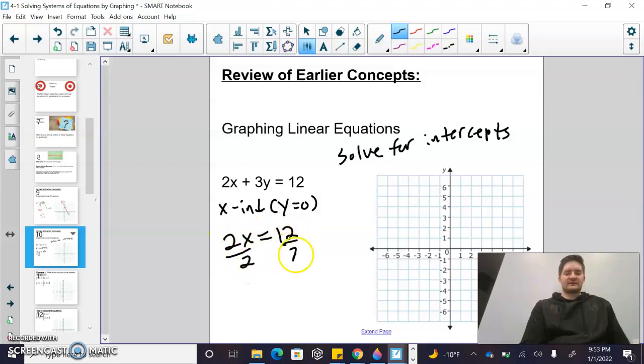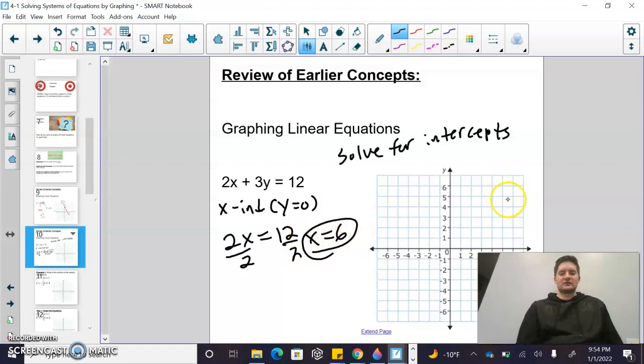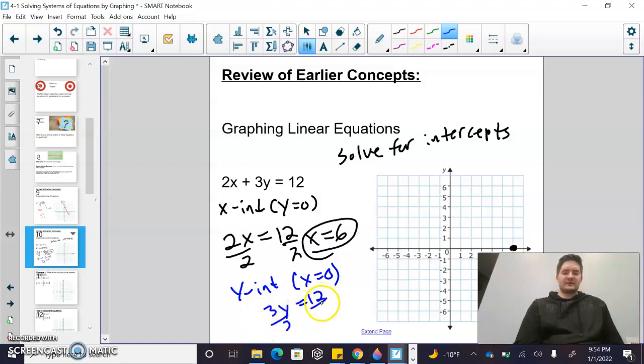You got plenty of practice on this in the last lesson in Unit 2. So just a quick reminder, you're going to find where 6 is. And for the y-intercept, it's where x is equal to 0. So it's going to be 3y is equal to 12, and I'm going to divide by 3 on both sides. y is equal to 4, so I'm going to find 4, make a plot, and we're just going to draw the line that goes through those 2 points.